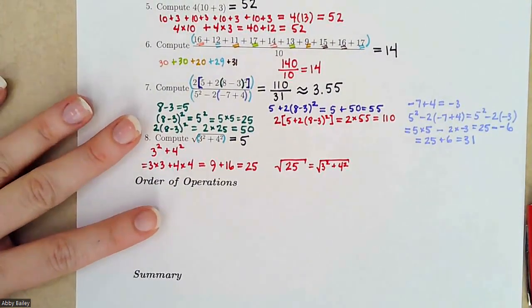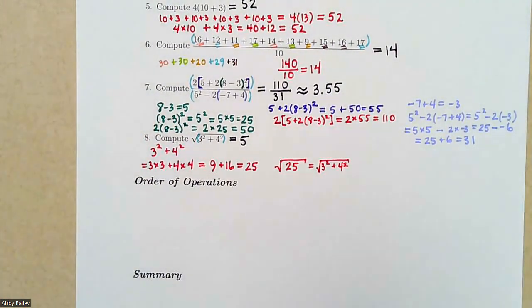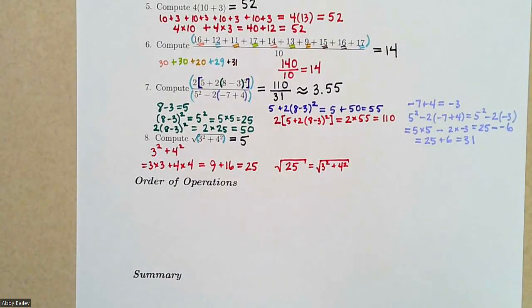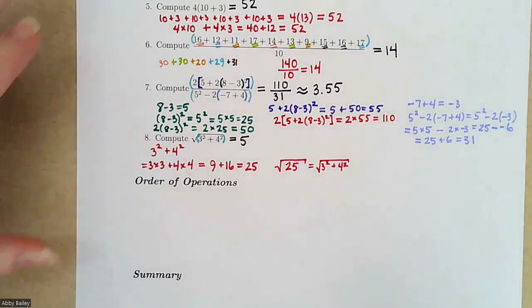Let's see. So what is our order of operations? Multiplication is repeated addition, exponents represent repeated multiplication, division can be rewritten as multiplication, and subtraction can be rewritten as addition. And then distributing can be handled in 2 ways, doing the parentheses first or whatever.